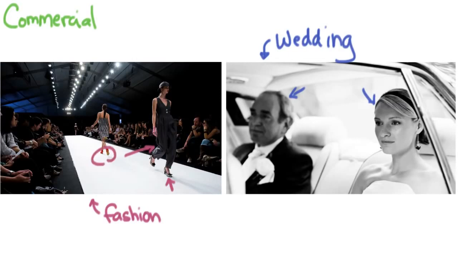Wow, look at those. You might be paid by the makers of those, or maybe the people putting on the show up here, or maybe this rich guy over here wants some photos. Whatever the case is, you're working as a commercial photographer often in these situations. And the difference between those is who's paying you, essentially.